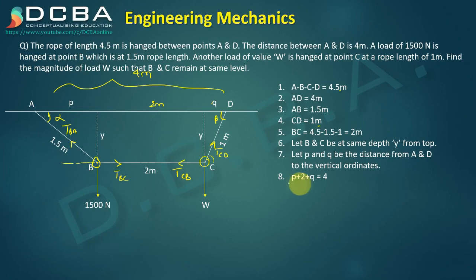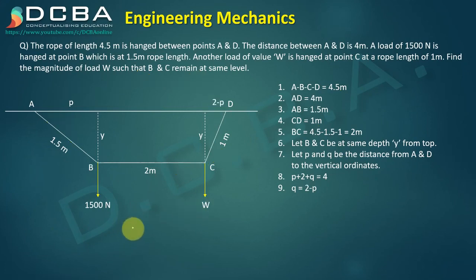From this relation I can find Q in terms of P. So Q is equal to 2 minus P. Now P square plus Y square is 1.5 square, and (2 minus P) the whole square plus Y square is 1 square. This Y square I can substitute as 1.5 square minus P square. So now the entire equation is in terms of P. I can find P.